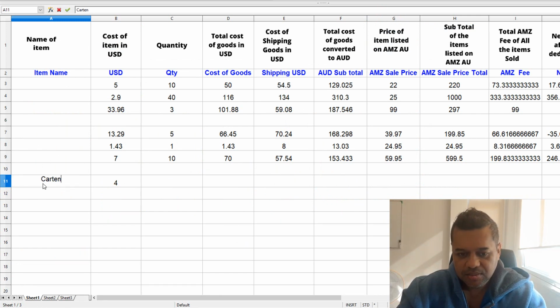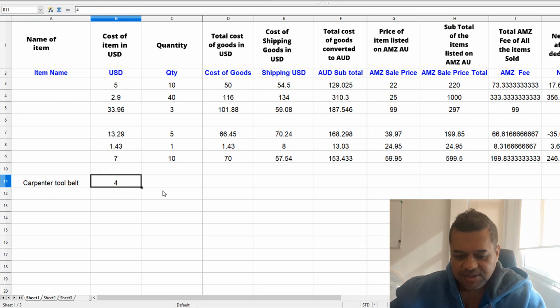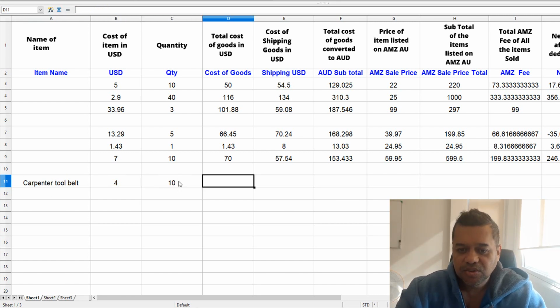So this is Carpenter. Cost of goods in USD is 4. Let's say we want 10, and then total cost of goods. Oh, okay, you just go here.